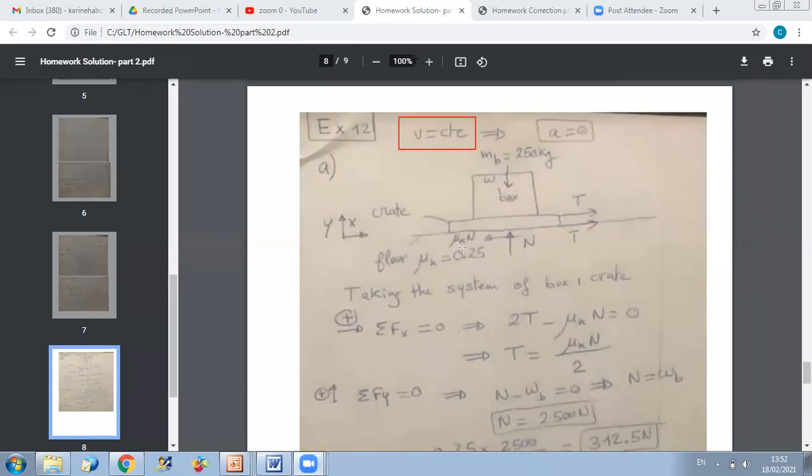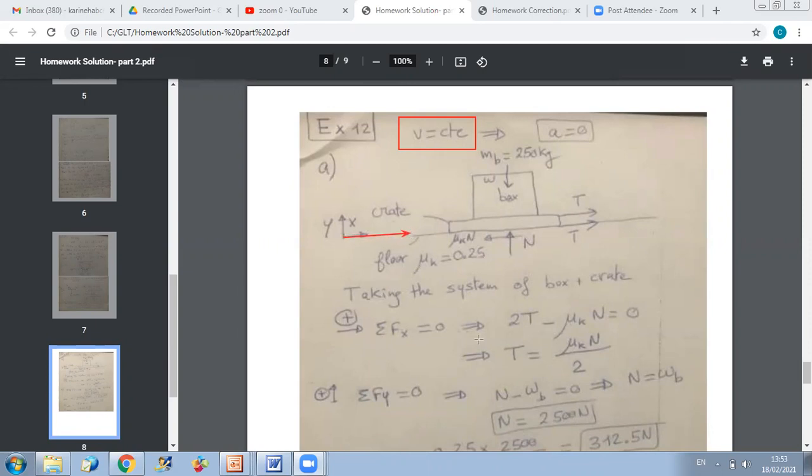Here the type of friction is kinetic friction because you have sliding between the crate and the floor. Okay, so we write mu k times n. Mu k is given to be equal to 0.25. So all we have to do now is to apply sum of Fx equals 0 in the positive x direction. So we consider the positive x direction as the direction of motion.